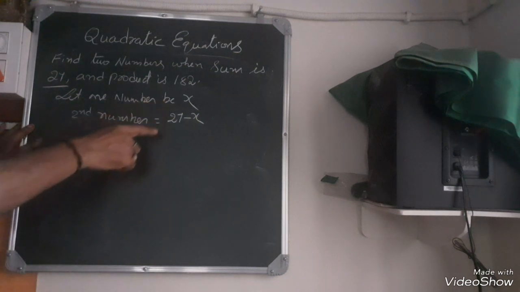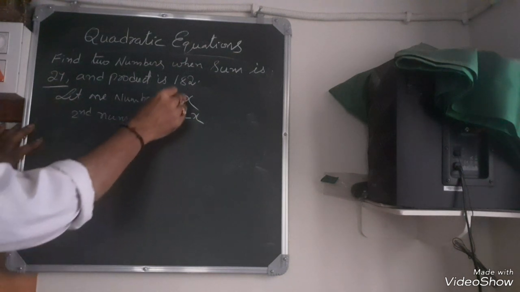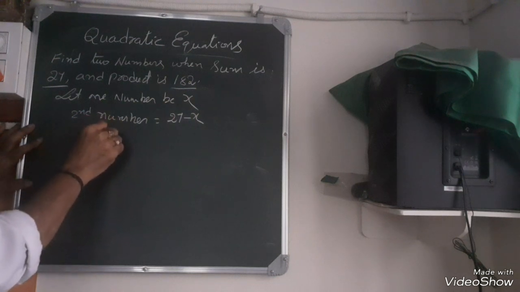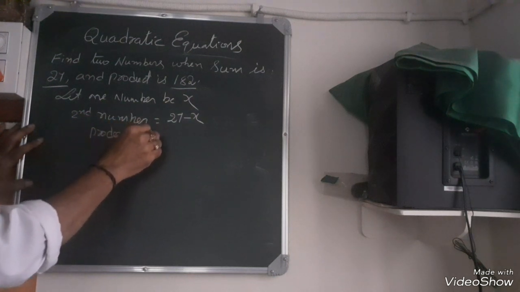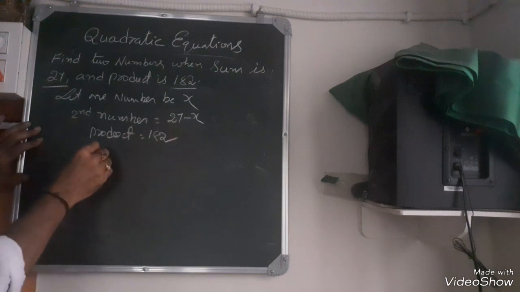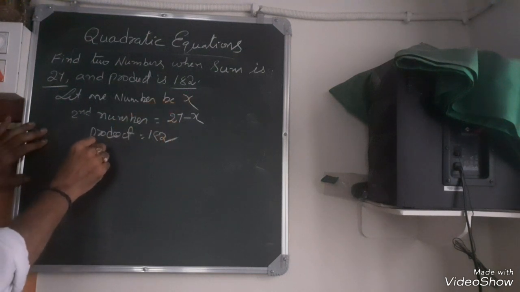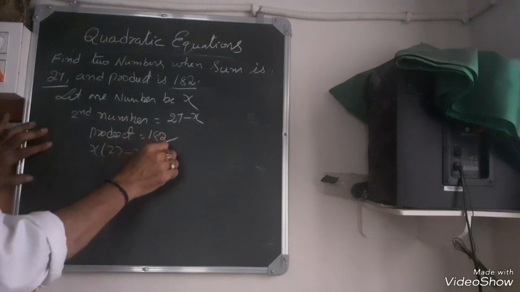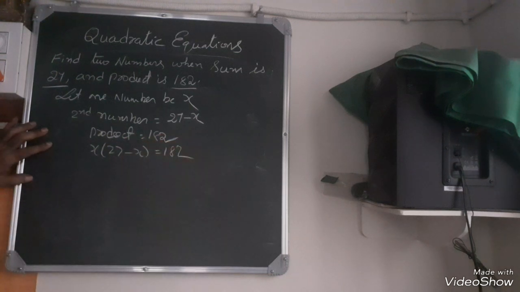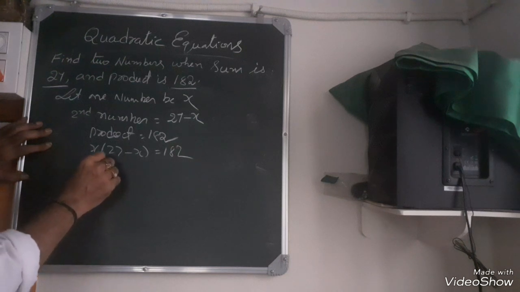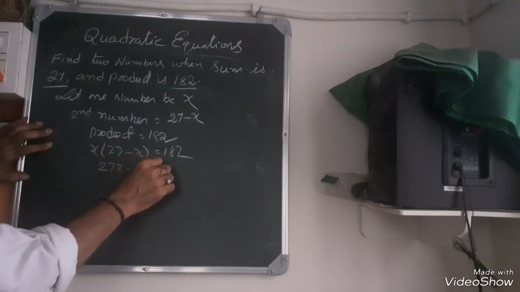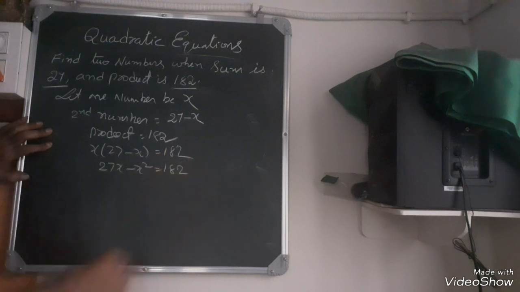Now the product of these two numbers is given as 182. So you can write x into 27 minus x equal to 182. If you multiply, 27x minus x square equal to 182.